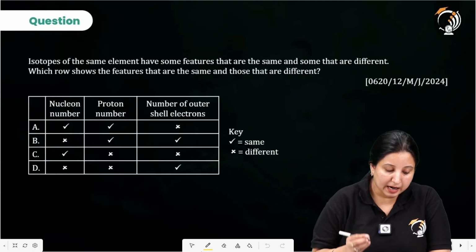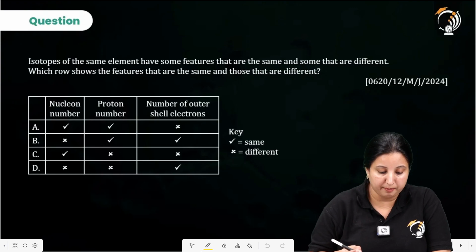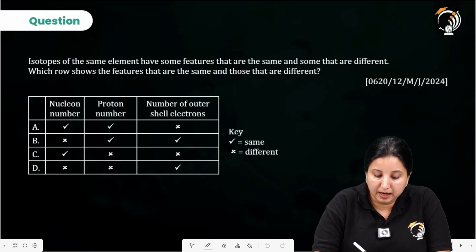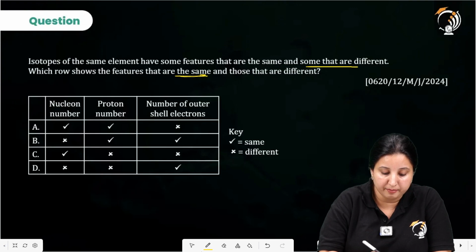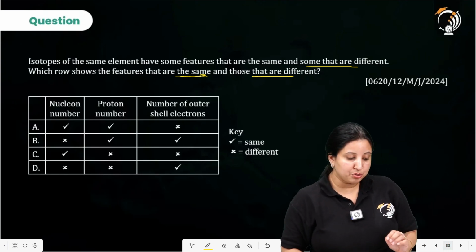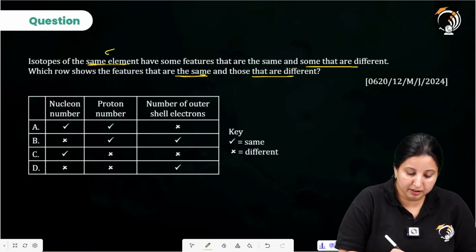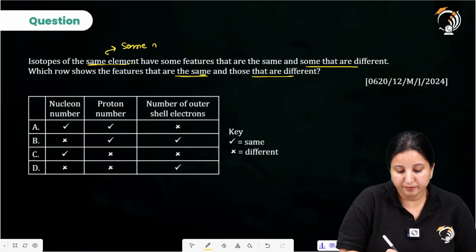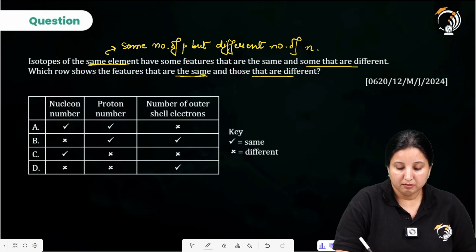Next, isotopes of the same element have some features that are the same and some that are different. Very correct. Which row shows the features that are same and those that are different? Now look, basically when we talk about the isotope, isotope means that they are of the same element and they have the same number of protons but different number of neutrons.